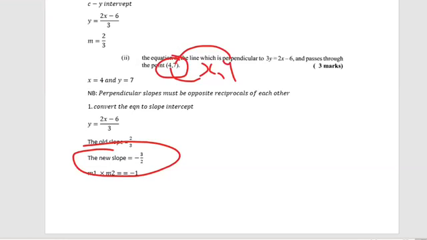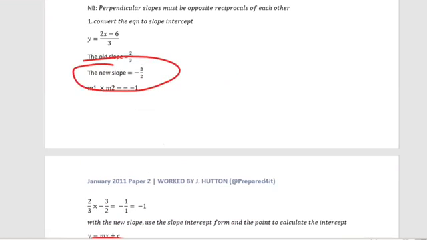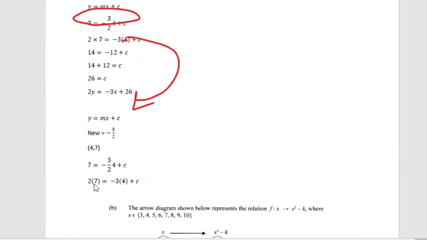So that is how I got my 7. I am substituting the 4 and 7 into the equation of a straight line, y is equal to mx plus c. So 2 multiplied by 7 is 14, and negative 3 multiplied by 4 gives me negative 12 plus c.